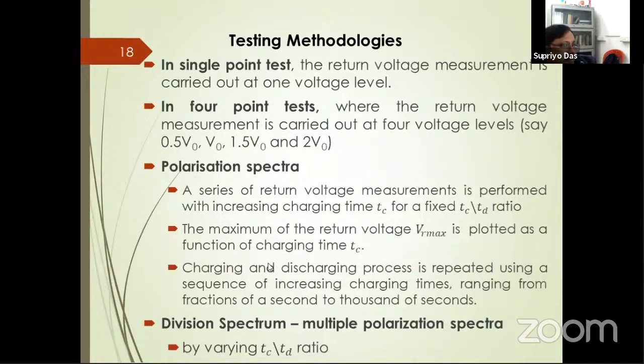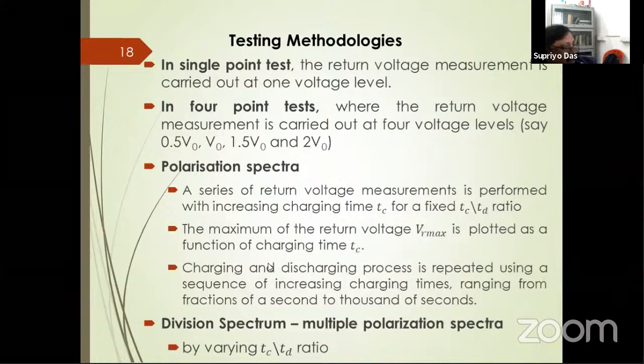Sometimes at low voltage we get less, and if we test at only one voltage, we may not get any information. If we test at 2 or 3 voltages, we have one lower voltage, very low, that may not affect the insulation. We can take that as a reference, and then with respect to that, we can apply a higher voltage for charging, make a comparison and identify what the situation is.